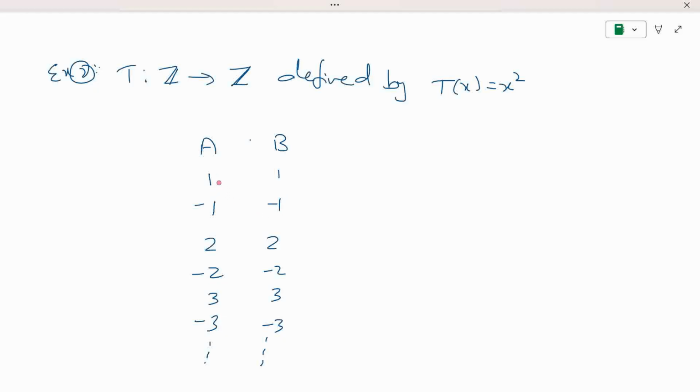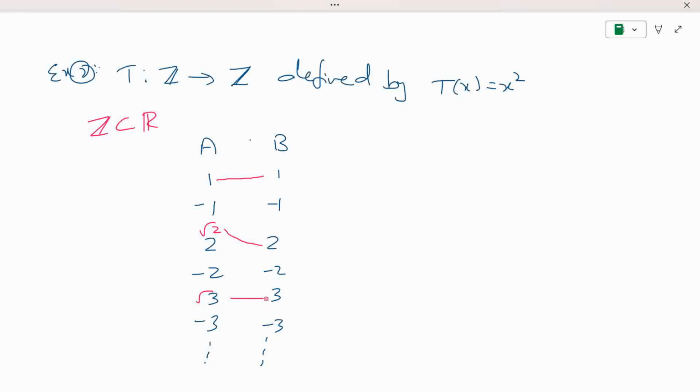Now we have a mapping 1 to 1 because 1 square is 1. But if we take root of -1, as it is integers, which is a subset of real numbers, root of -1 we don't have in real numbers nor in the integers. Now for 2 we can write map to root 2, and for 3 we can map to root 3.